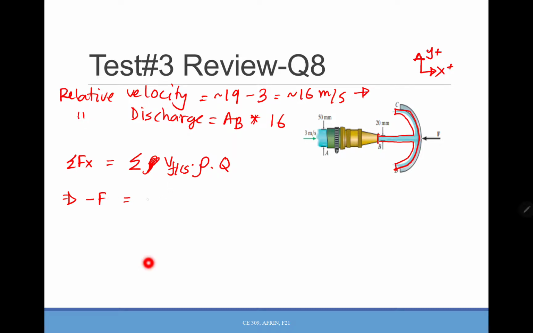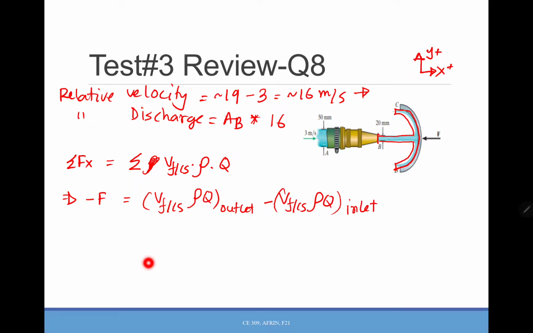And here you have V FCS rho Q outlet minus V FCS rho Q inlet.